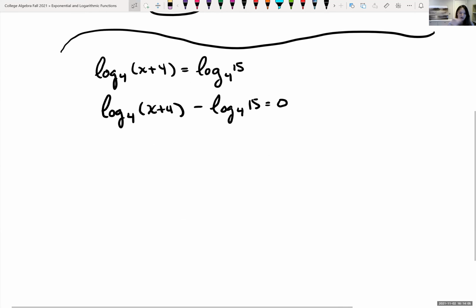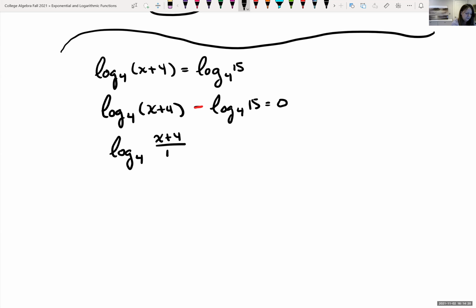So once we get all the logs to one side of the equation, we're going to rewrite it as a single log. And so the minus in between tells me I'm going to rewrite it as one log with division. So this is log base 4, my numerator is x plus 4, and my denominator is 15, equals 0.